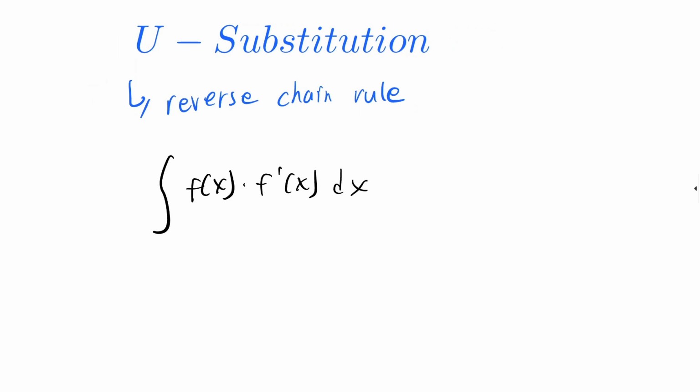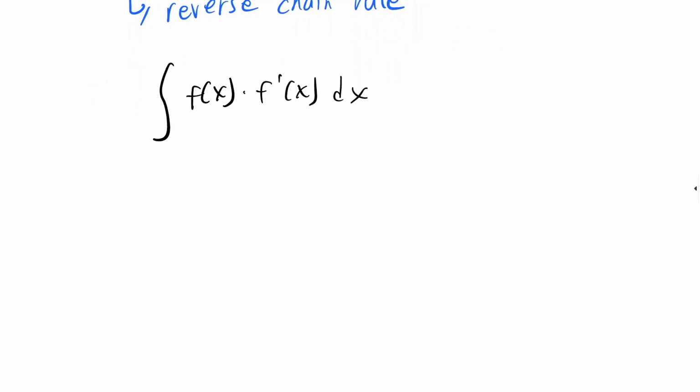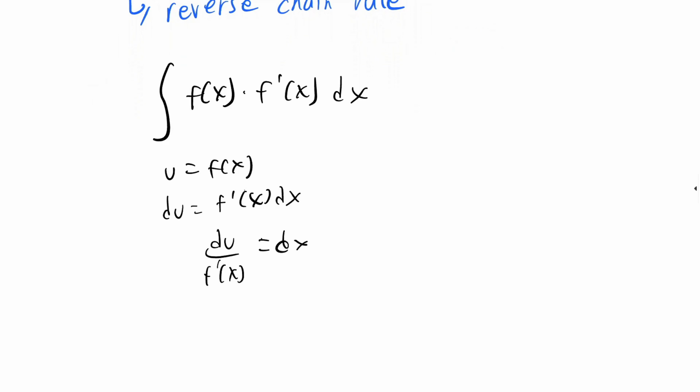We have the derivative, and we're going to do a substitution where we say, okay, this is really u. We're going to let u equal f of x, and then take the derivative with respect to x, so du over f prime of x is equal to dx.